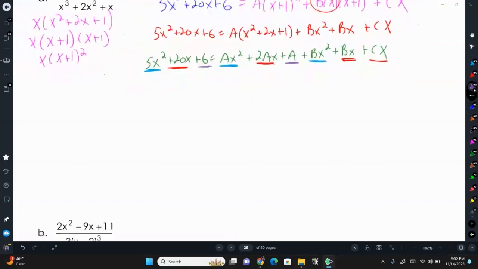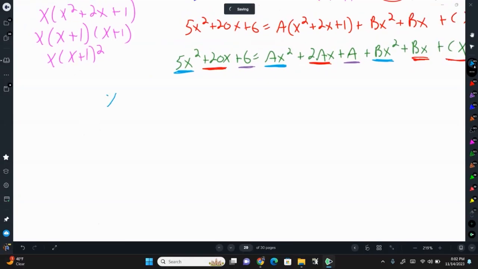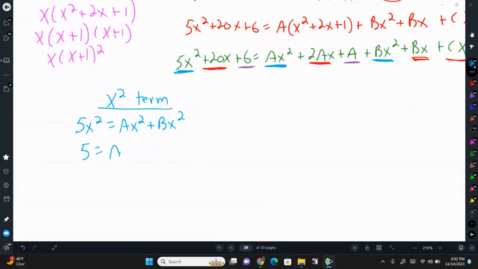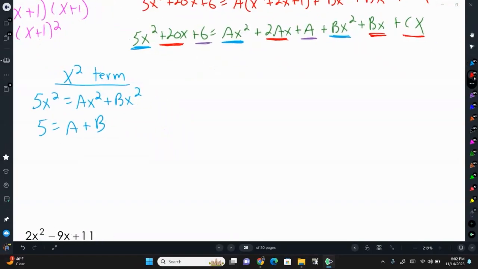So we have the three terms we're trying to figure out. We're trying to figure out the x squared term. And for the x squared term, we said 5x squared equals ax squared plus bx squared, meaning 5 has to equal a plus b. Well, we don't know what a or b are right now. Then in red, we had the x term.